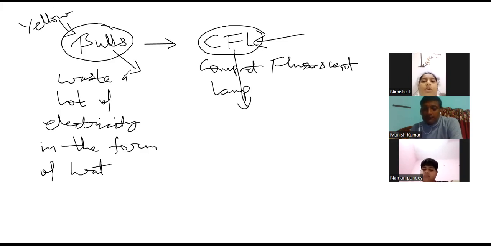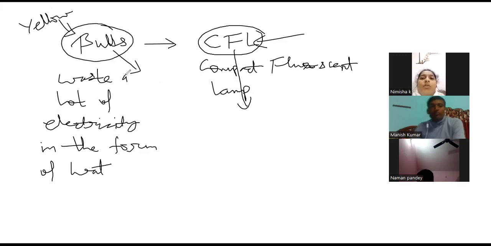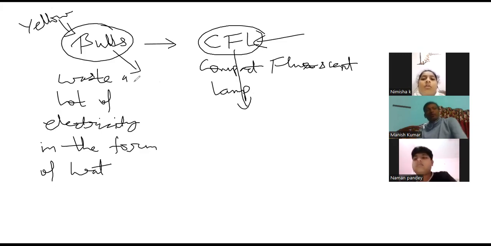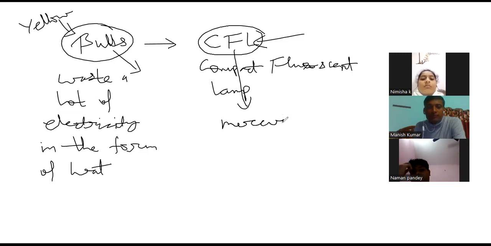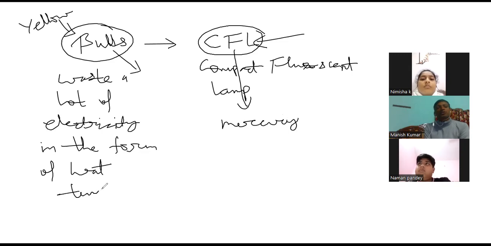Sir, why was it yellow? Actually, these are not using the components that are used in CFL. They have different properties. The CFLs that are used presently use mercury, and the bulbs used before used tungsten. In the bulb you are seeing this filament, and this is the bulb. So this is tungsten.